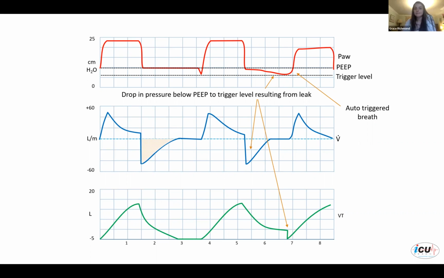Thank you. Another good question. If the air is leaking, how can we calculate the volume for ARDS? Well, again, what you leak is subtracted from what's left.